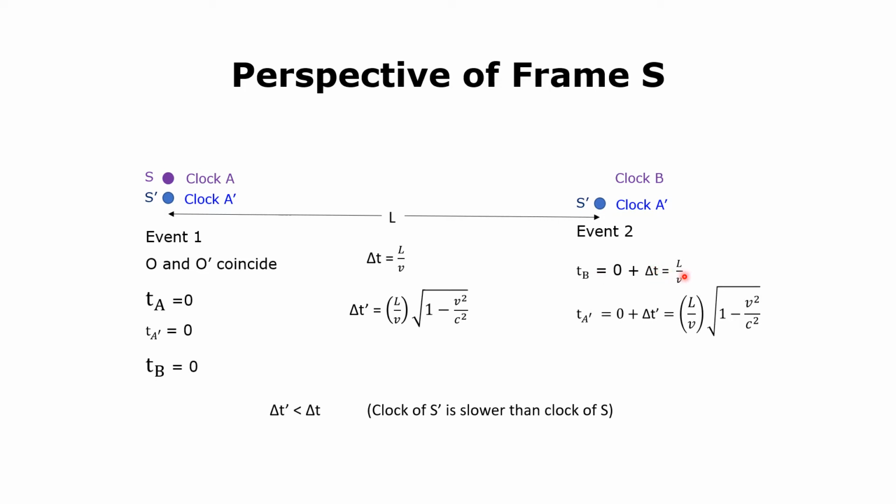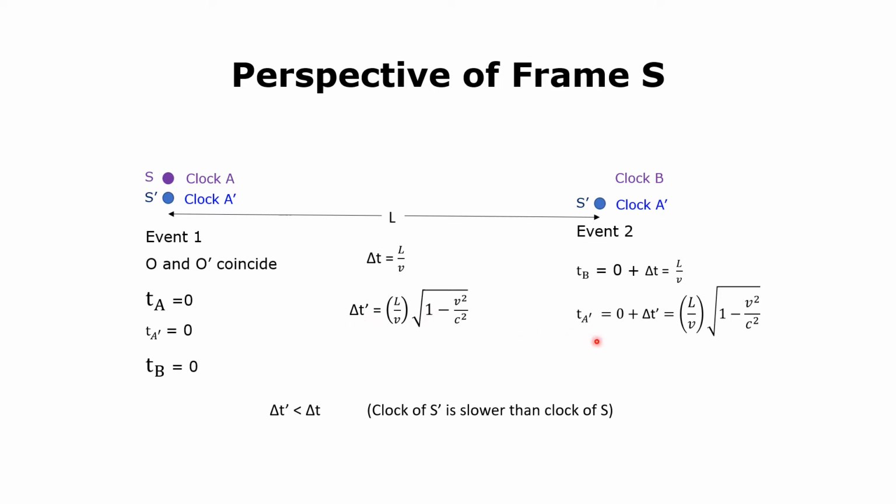We know that clock A prime is a clock in S prime. S will argue that clock A prime reading at event 1 was 0. Between the two events, clock A prime reading advanced by delta t prime.